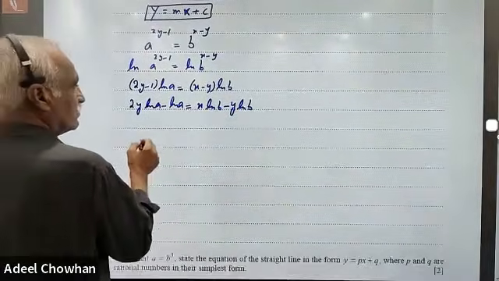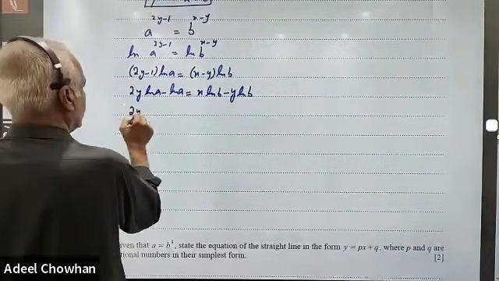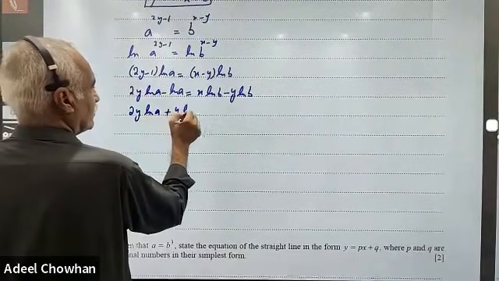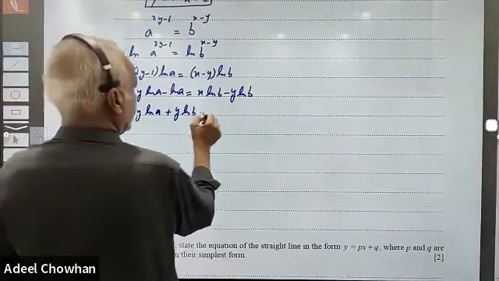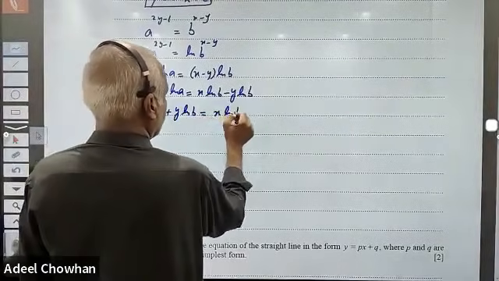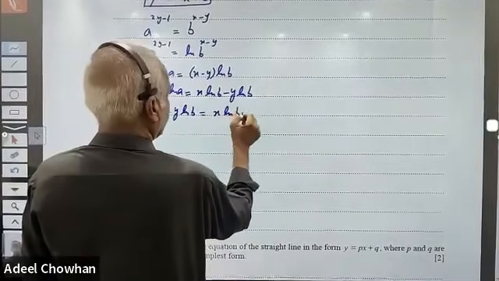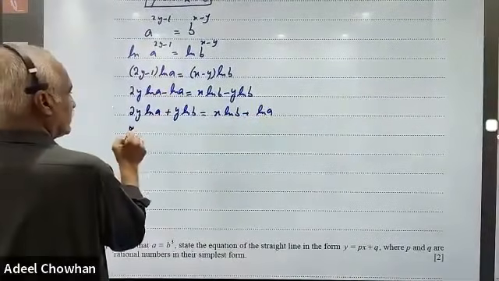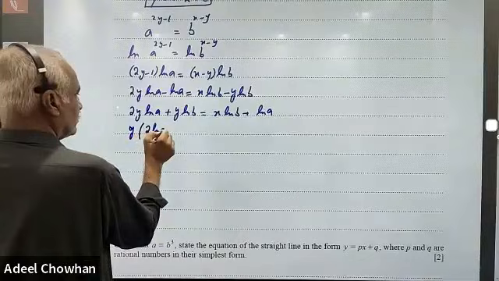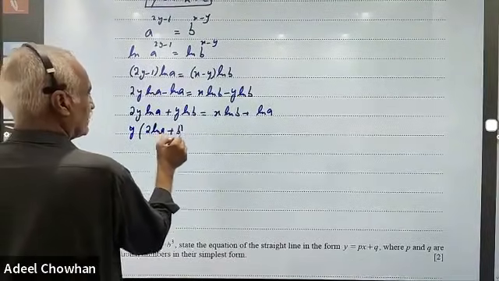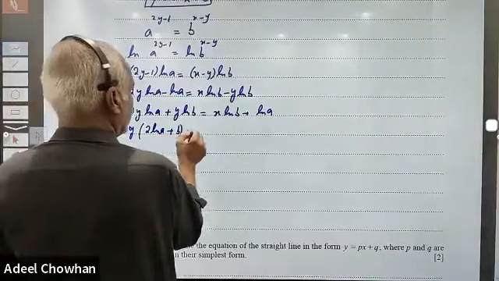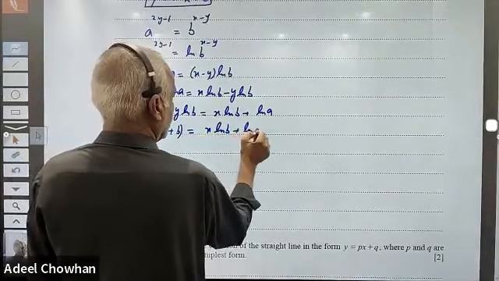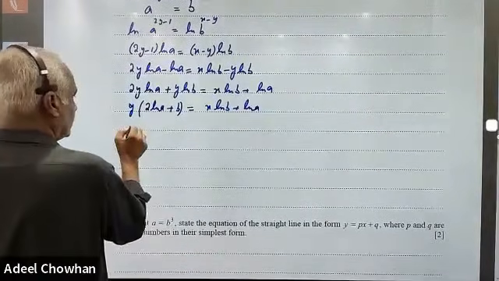So you combine these two: 2y log A plus y log B is equal to x log B plus log A. Here y is common, so y(2 log A plus log B) is equal to x log B plus log A.